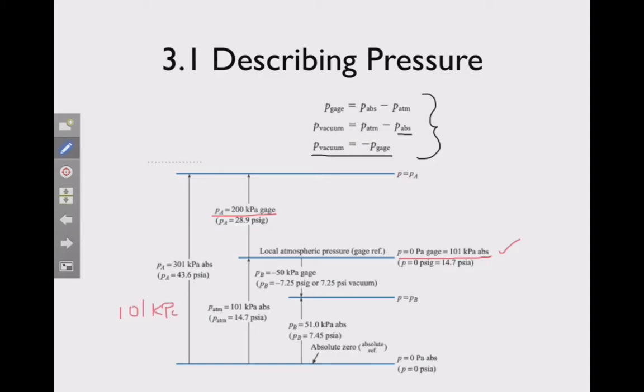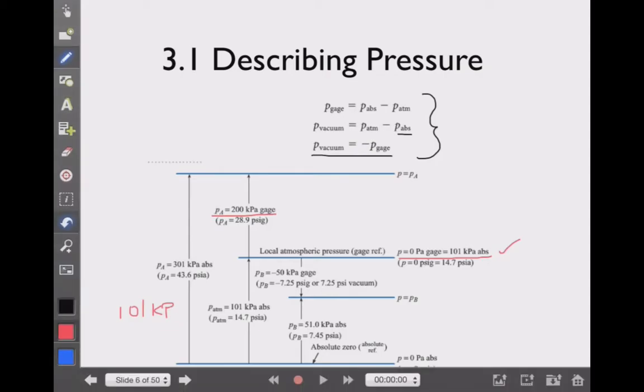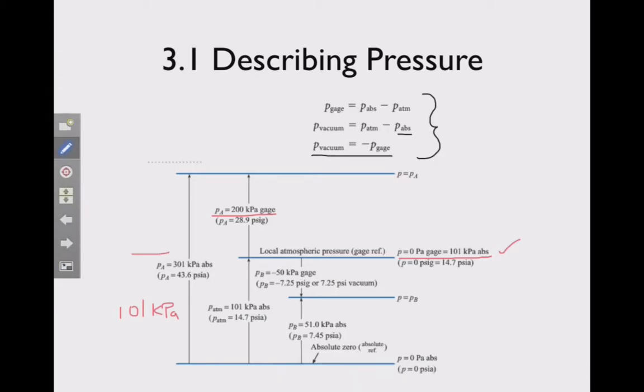This is not to scale, by the way. So this total pressure equals 101 plus 200, which is 301 kilopascals. So from 0 absolute pressure down here, when we measure the gauge pressure, we have to add atmospheric pressure to it.